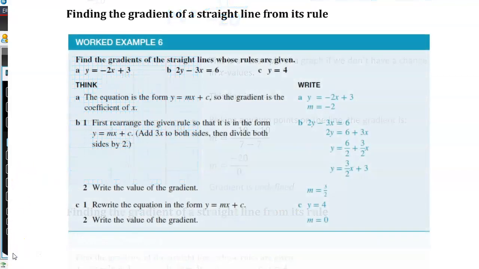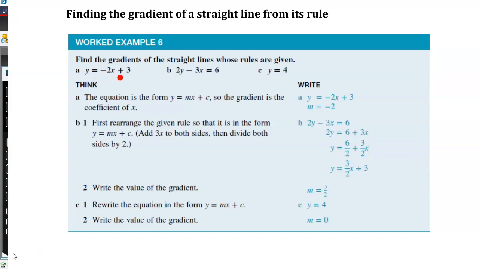Now I've just cut and pasted worked example 6 here from the book. I just want to talk about it a little bit. It's about finding the gradient of a straight line from its rule. This is where you're given an equation and you have to find the gradient straight from it. That's because if it's in this general form, the gradient is the m value, the coefficient of x. So you can see here y equals negative 2x plus 3. The m is negative 2, the coefficient of x.